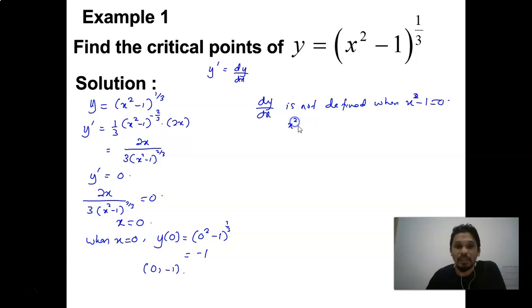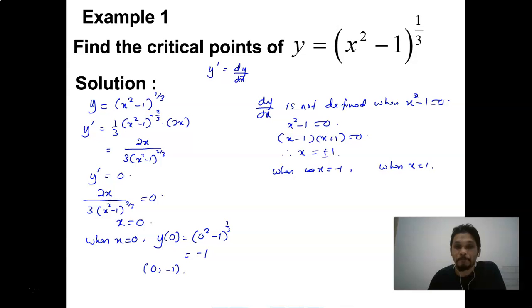From here, x squared minus 1 equals 0, then (x minus 1)(x plus 1), so x equals plus or minus 1. So we divide into two cases here: when x equals negative 1 and when x equals 1.